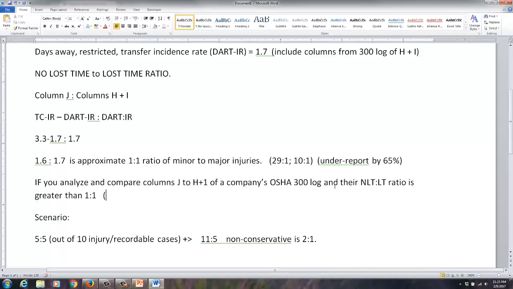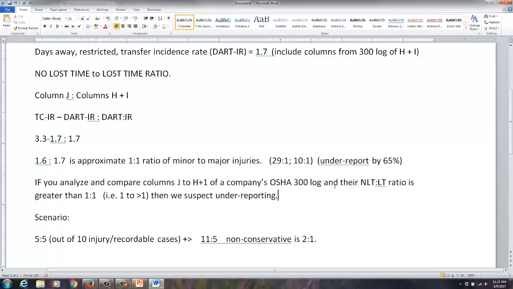What I mean by that is, in effect, a ratio of 1 to greater than 1, so like 1-to-2, then we suspect underreporting, or under recording, which is not putting it down.